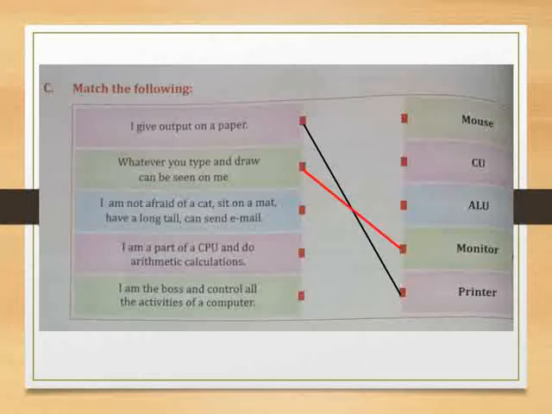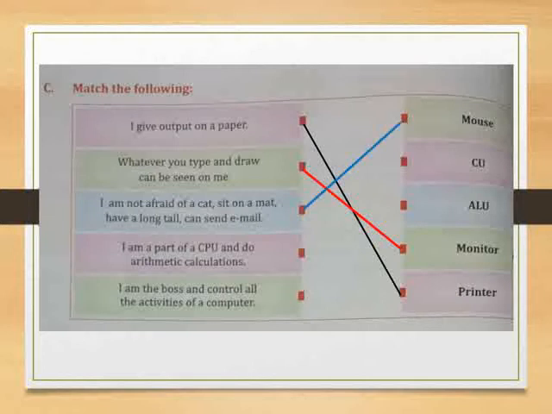Yes. Next, I am not afraid of cat. Sit on a mat. Have a long tail. Can send email. So, what is the answer of this? Mouse. Yes, all these things like sending emails, drawing pictures can be done through mouse. Okay.